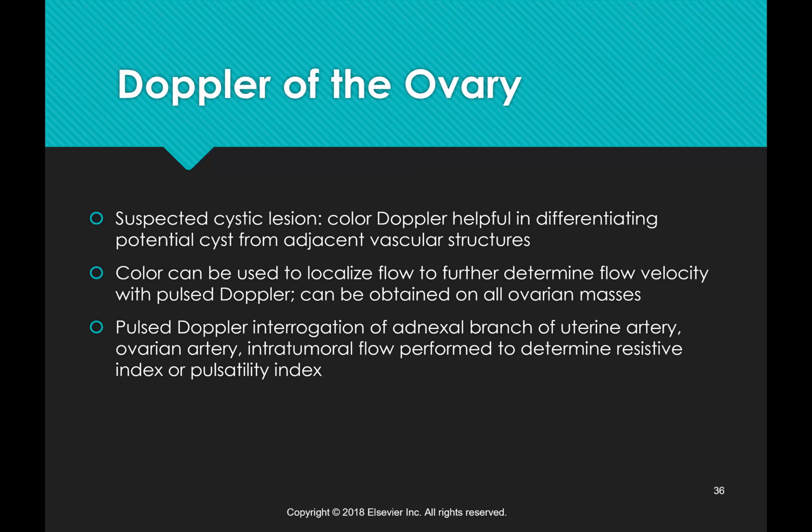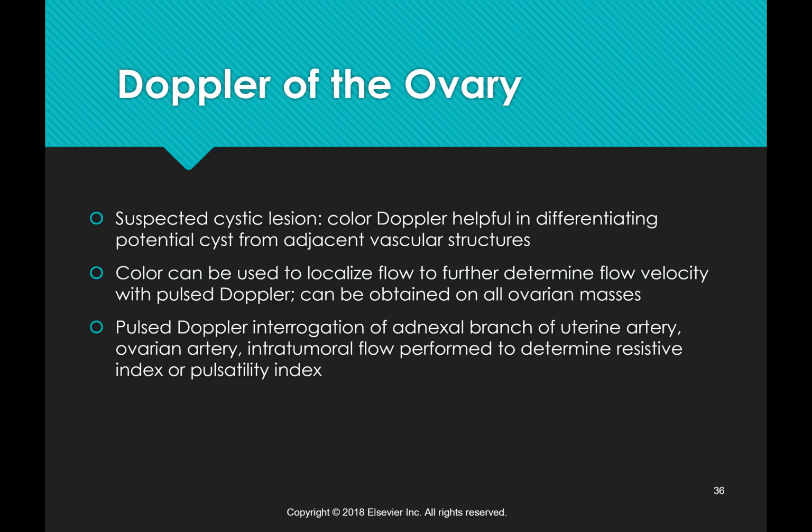Let's talk a little bit about Doppler. I don't want you to spend too much time on this because there are other things that are more important, but there are a couple of key things with Doppler of the ovary that I want you to know. We like to do a Doppler of the ovary almost every time.